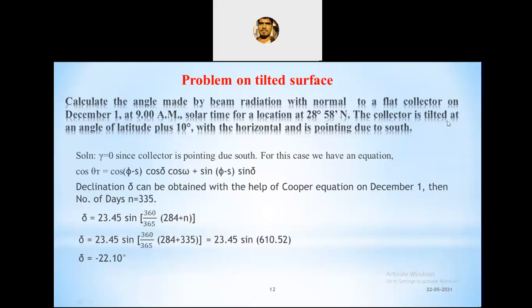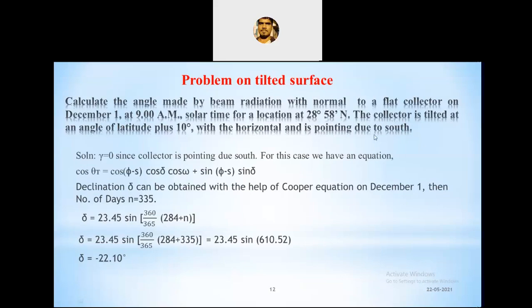The collector is tilted at an angle of latitude plus 10 degree. It is a slope. Collector tilted means S is equal to 10 degree, the slope is 10 degree with the horizontal, and it is pointing towards the south.